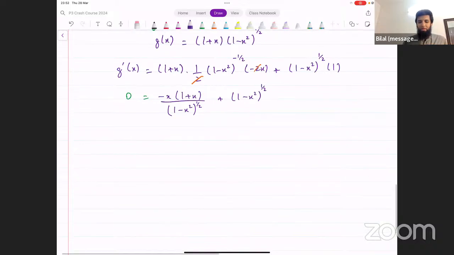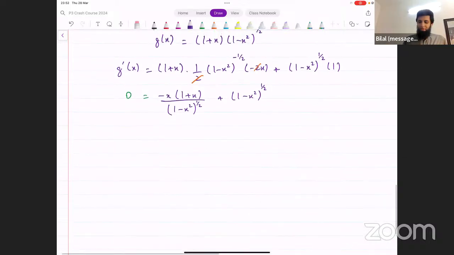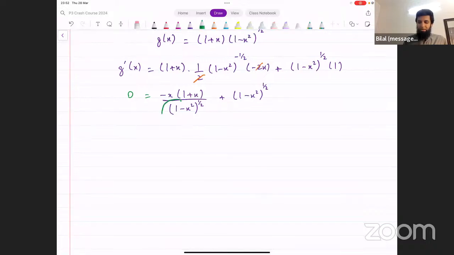Now we need to solve this equation. What we can do is multiply the whole equation by the square root of 1 minus x squared, so that we get rid of the denominator, the fraction. Now on the left side, when we multiply by this expression, that becomes 0.